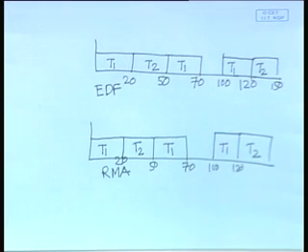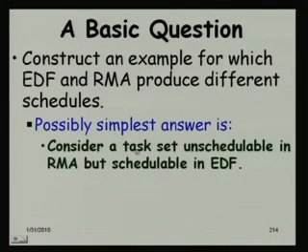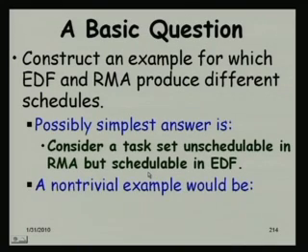See, the simplest answer is that when something is unschedulable by RMA but is schedulable by EDF, definitely their schedule will be different, is it not? Because RMA is not able to schedule it, EDF must be using a different schedule. That is the simplest way to construct a task set which has different schedules under RMA and EDF.